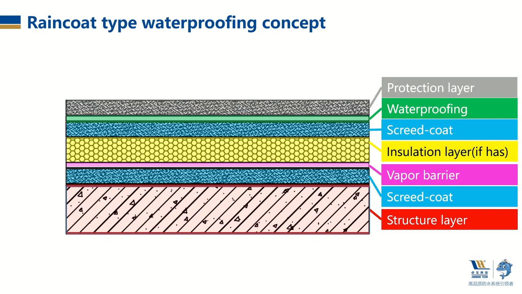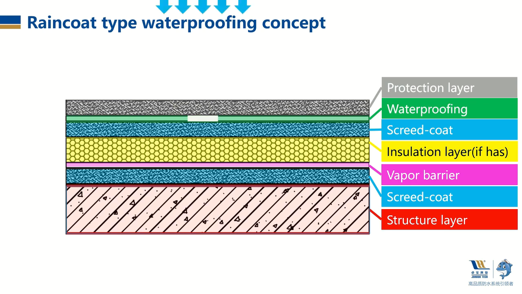Technically, the waterproofing layer can protect the structure layer very well, but actually there are many factors to cause damage to the waterproofing layer, especially the cross-construction of the different processes.